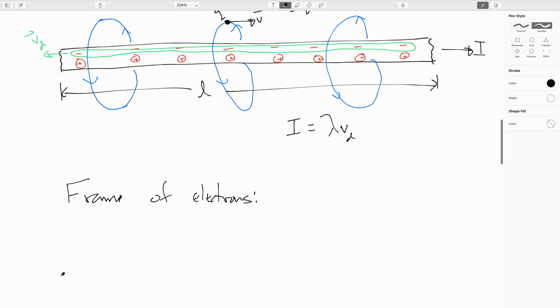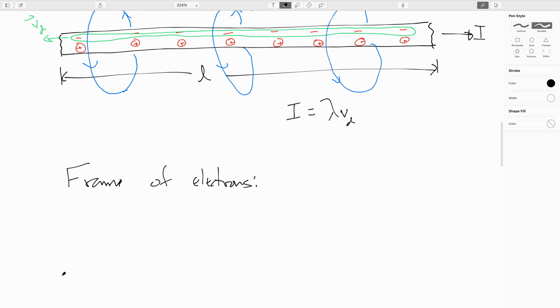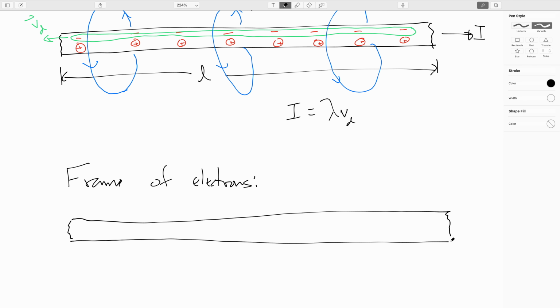So in the frame of the electrons, the electrons are not moving. What this will mean is that the spacing of the electrons, as we saw it where they were moving, by the metric of moving meter sticks, is short.